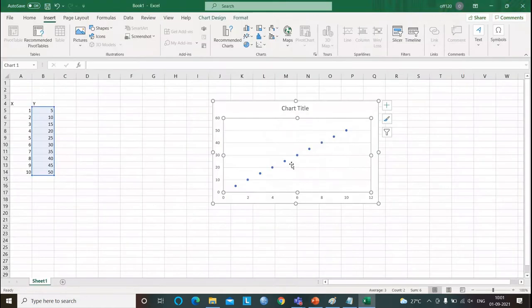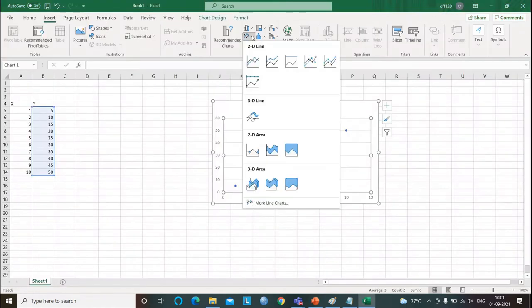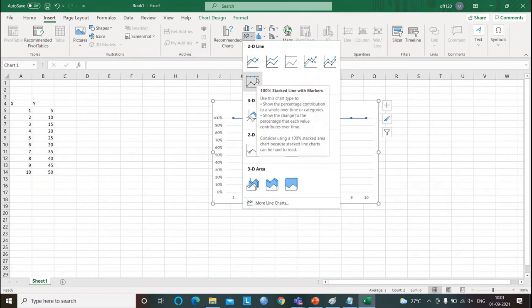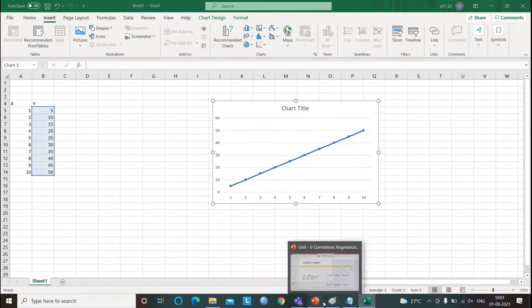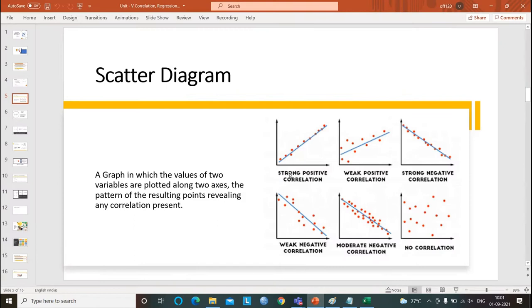See, all these values are on the straight line. If I draw a straight line, all the points are on the same one. That means no point has deviated from this straight line, so we say it is perfectly positively correlated, a strong positive correlation.